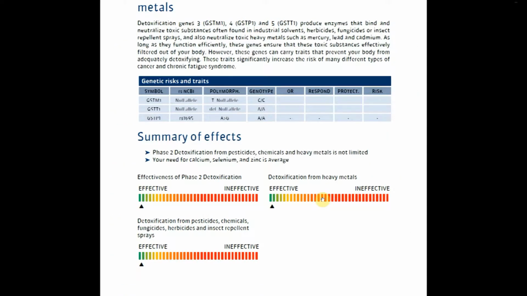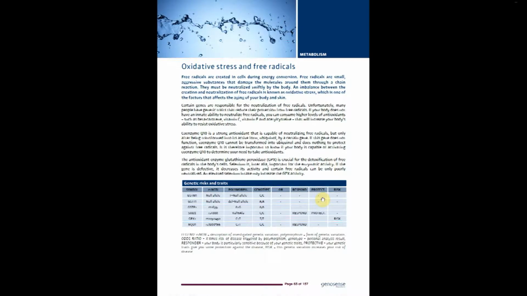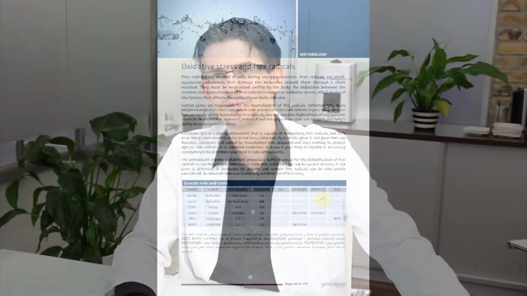Okay, so that's phase 2 detoxification. Then we have oxidative stress, and you will likely have heard of this before. Oxidative stress is a byproduct of converting energy in our body. When we use oxygen, we need oxygen to convert energy and do something with it, run our body.